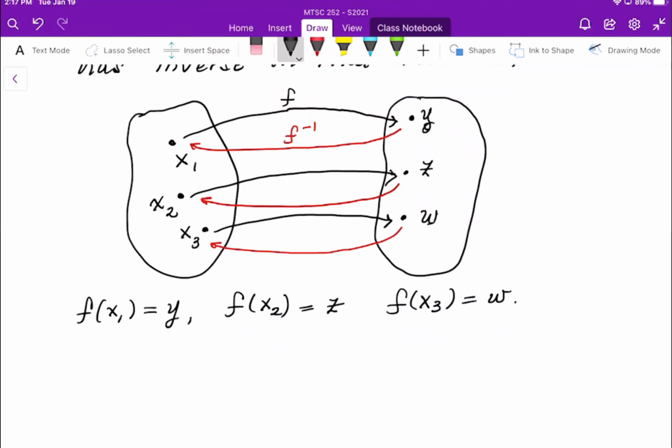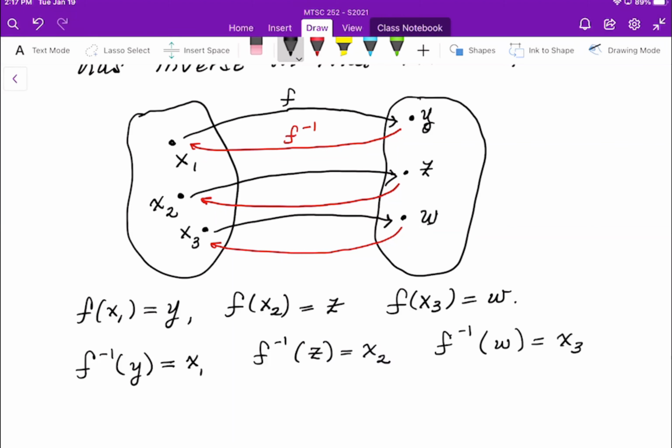So now I have f inverse of y is x1, f inverse of z is x2, and f inverse of w is x3. So f will take x1 to y, and its inverse will take y back to x.